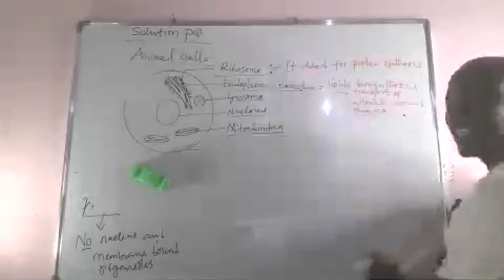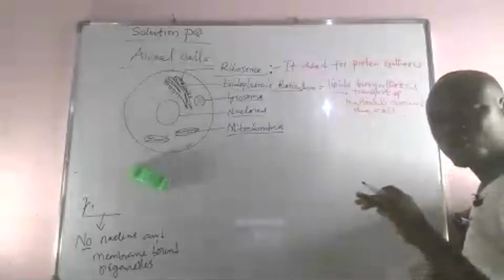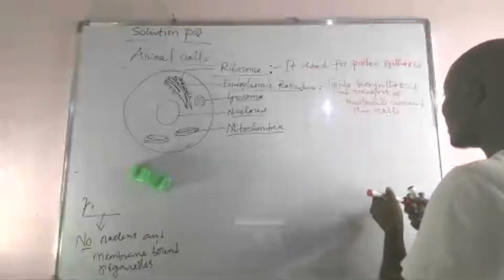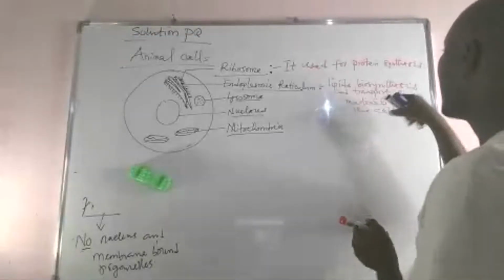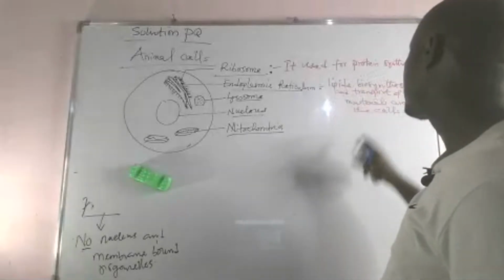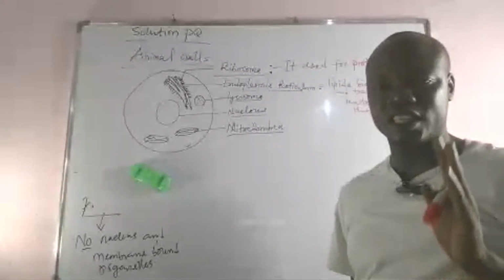Even if you didn't know these things before, you should know them now. So it is involved in the synthesis of protein and lipids and also transport of materials across the cell.